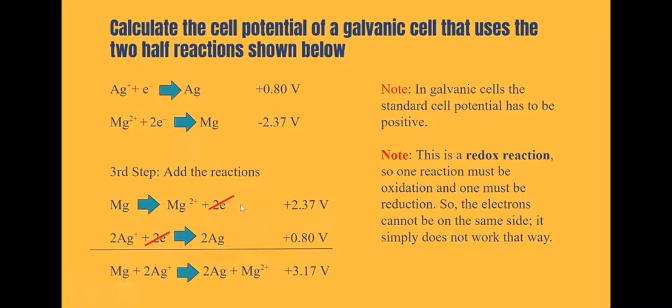And then we have magnesium here, 2 silver here, and then 2 silver and magnesium ions here. And then we add these two. The cell potential of this is positive 3.17 volts.